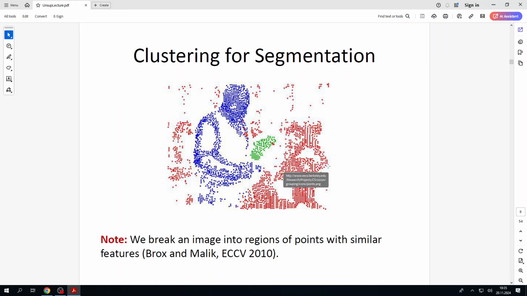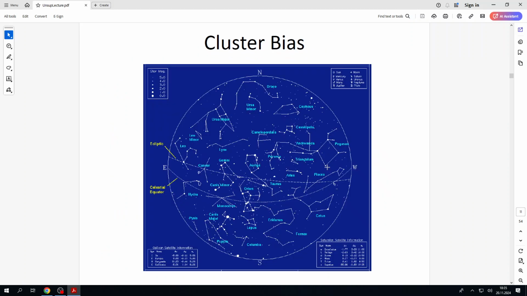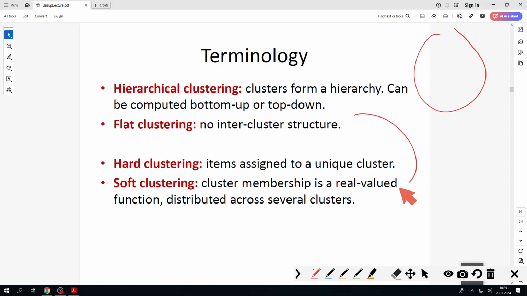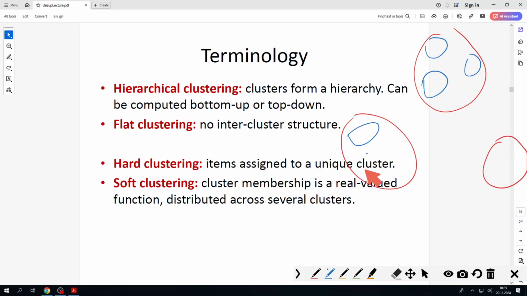But you can also have what is called a hierarchical structure of the clusters. So let's say you have one big cluster, another big cluster, and another big cluster, and inside of these big clusters you also have smaller clusters, like so. So this is a hierarchical clustering structure. Some of the problems are this kind, some of the problems are not this kind.